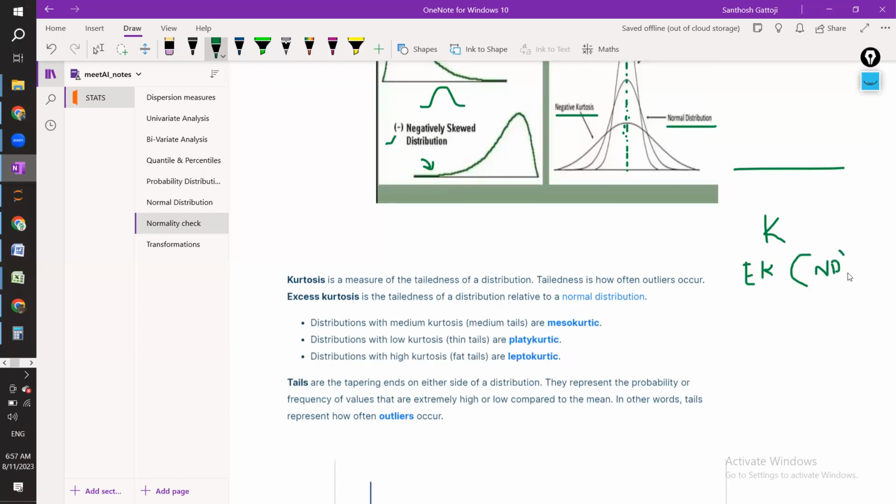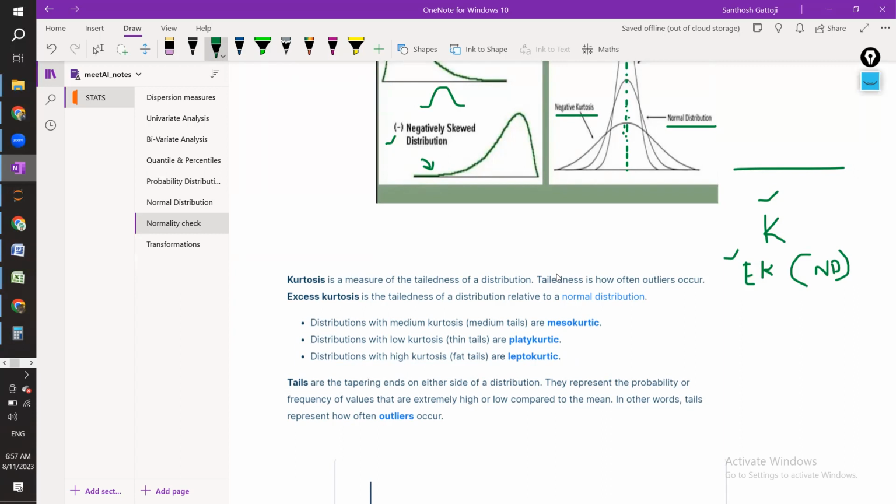The actual one is without any difference, we just measure the kurtosis. The second is, with respect to the normal distribution, how much extra peakness or tailness is available in the given distribution. When we measure with respect to the normal distribution, it's called excess kurtosis. We will see an example, and you will get an understanding.